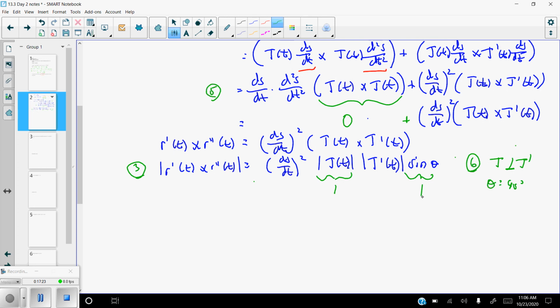So what that's going to reduce us to is ds over dt squared times the magnitude of T prime of t, and that's still my cross, magnitude.